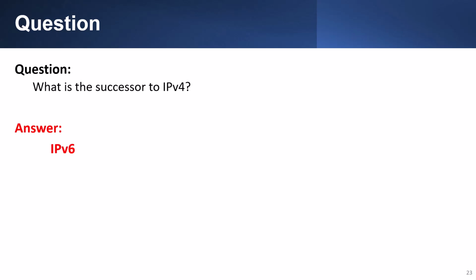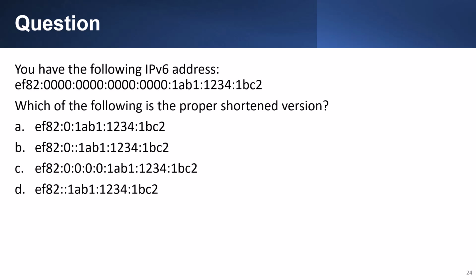Answer: IP version 6. Question: you have the following IP version 6 address shown on the screen. Which of the following is the proper shortened version? Answer: D.